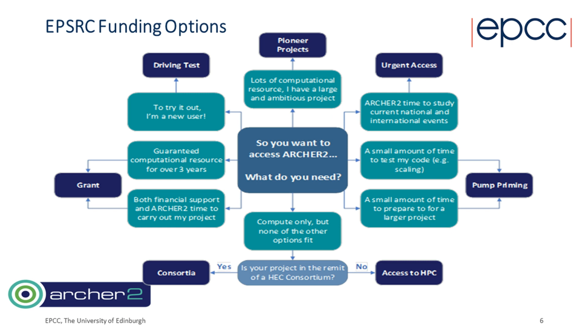And then if you want this guaranteed computational resource for over 3 years and all the financial support, you would apply for a full peer-reviewed grant. And if you're just a user that wants to try out ARCHER2, often new users to HPC, you can try it out for a small amount of time via the driving test. Okay.